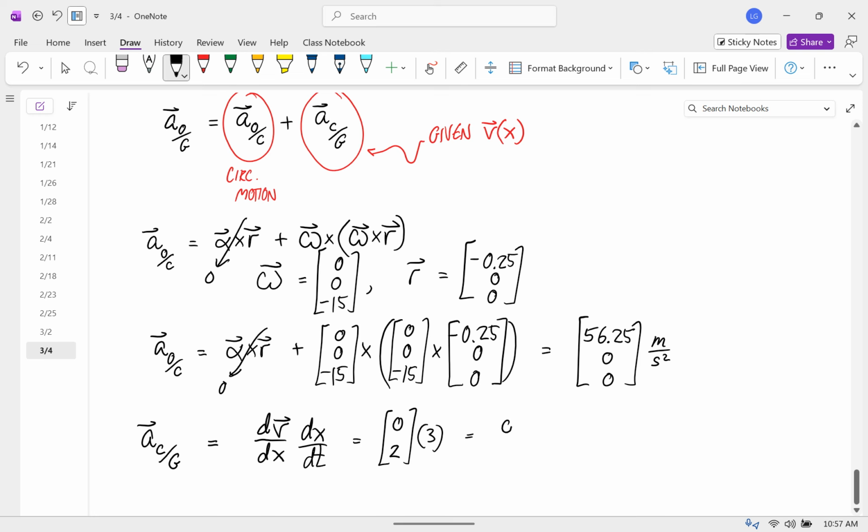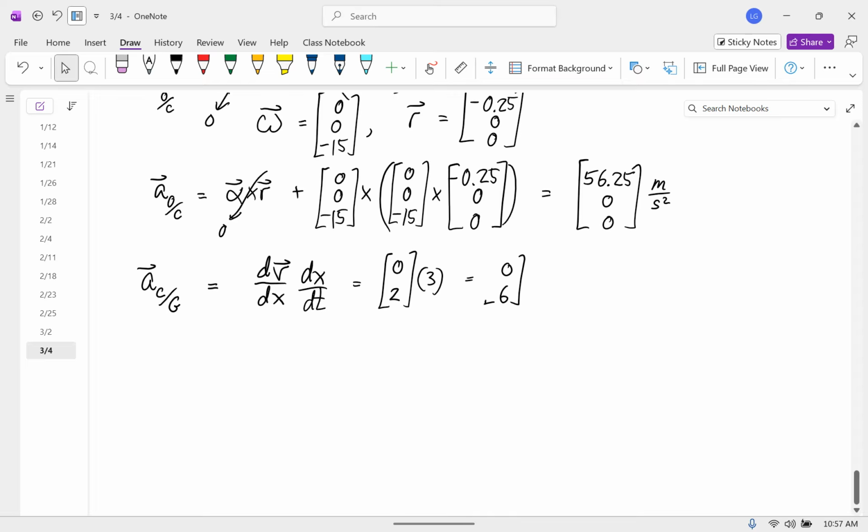So this is 0, 6. And I'll write it in 3D like this.